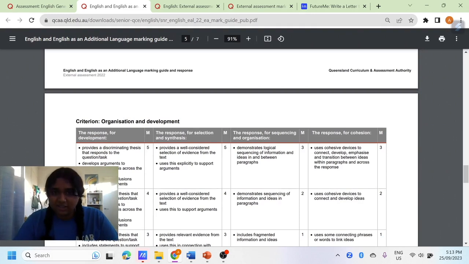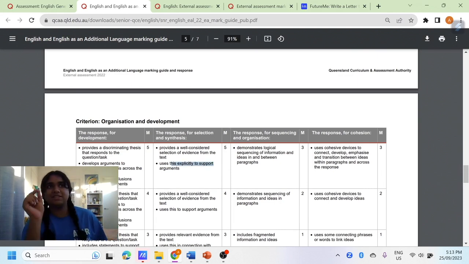The second thing is selection and synthesis. So making sure that your evidence is relevant to your thesis and your quotes is relevant to your evidence is very good. And then using this explicitly basically means that you've embedded the quotes into your paragraph, or you've referred to plot points by name. So for example, I could say in the soliloquy of the floating dagger in Macbeth, blah blah blah.